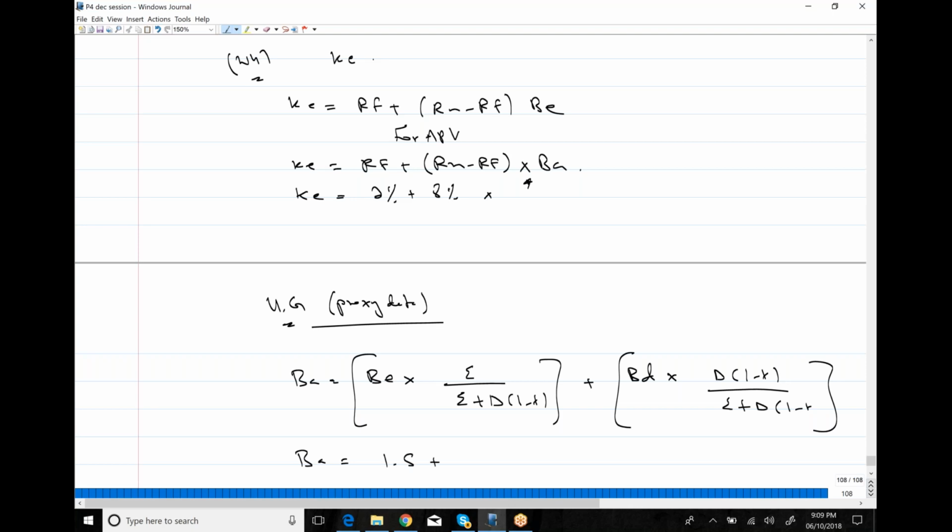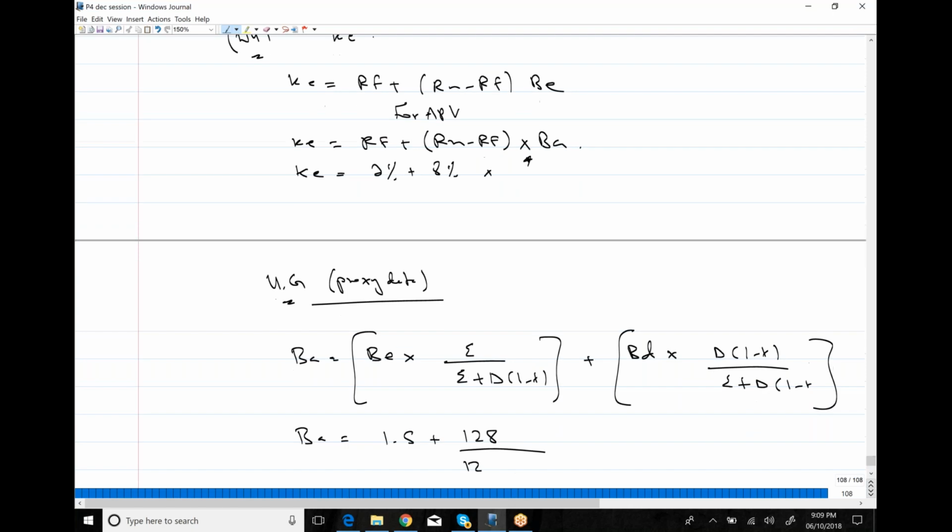Over E plus D(1 minus T). E is the market value of equity, number of shares into share price. So the market value of equity: they have 40 million shares trading at 3.2. So 40 million into 3.2 will be 128, over 128 plus D, the market value of debt.